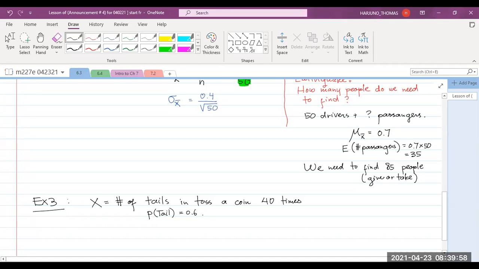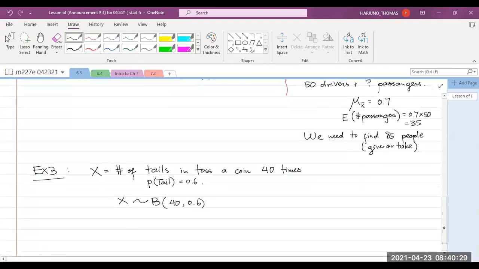Now we know if we have this kind of experiment, you toss a coin 40 times and the probability of a tail is 0.6, then the number of tails will be binomially distributed with n equal to 40 and the probability of a tail 0.6. That's the binomial distribution in 5.2.